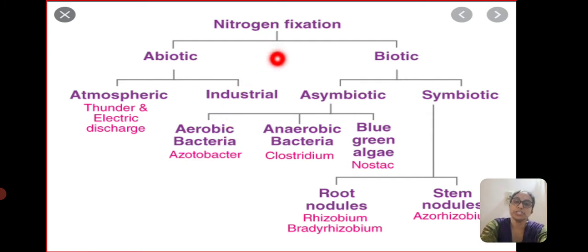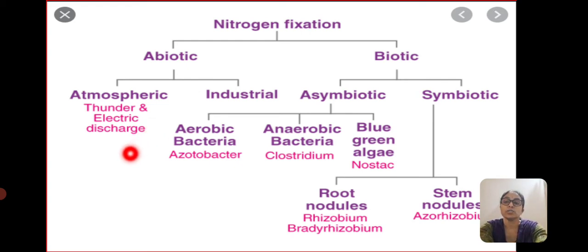So the conversion of nitrogen from inorganic form to usable or assimilatory form is called nitrogen fixation. It has two broad types, that is abiotic and biotic. Abiotic is one which takes place without the involvement of microorganisms.